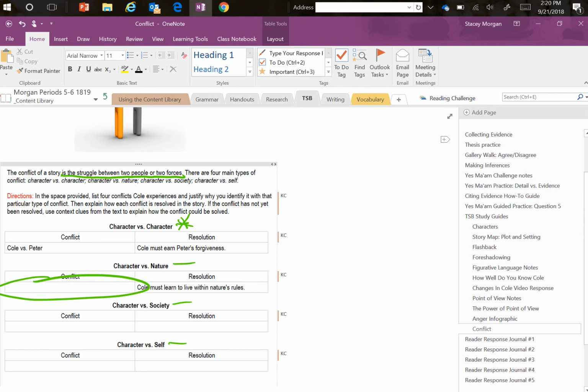What that means is if you burn your shelter down, you're going to get cold. If Cole decides to swim against the tide, he's not going anywhere. If he decides to attack a bear, he's going to be attacked. There are common nature rules that we all live by. If we decide to be outside in a lightning storm, we might get hit by lightning or a tree might fall on us, those sorts of things.